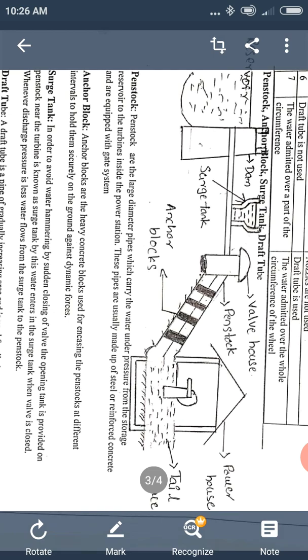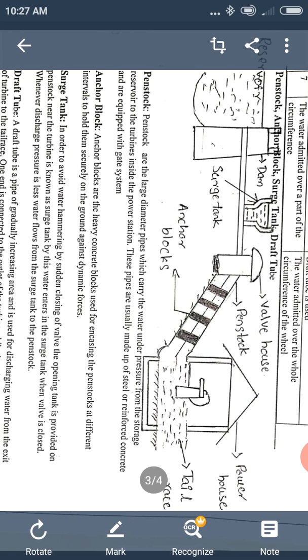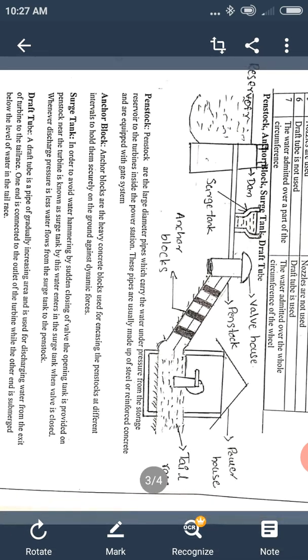These pipes are usually made of steel or reinforced concrete and are equipped with a gate system. Anchor blocks are heavy concrete blocks used to encase the penstock at different intervals, to hold it securely to the ground against dynamic forces.